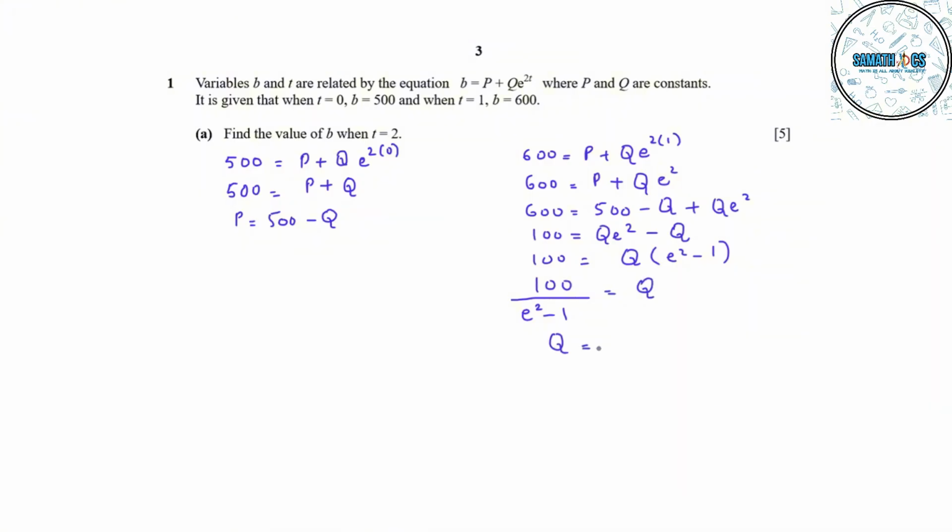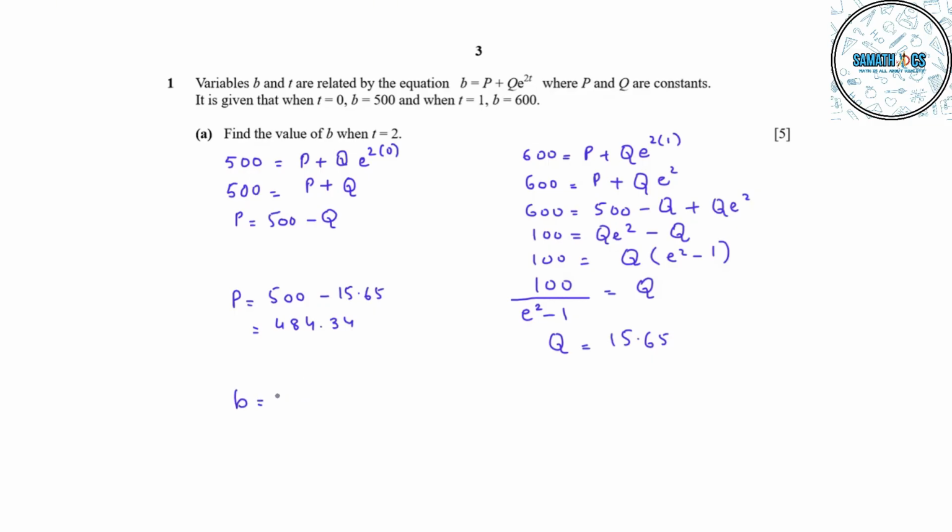And q is equal to 100 divided by e square minus 1, which is 15.65. We can substitute this value in this equation so that we can get the value of p. So 500 minus 15.65 is equal to 484.34.